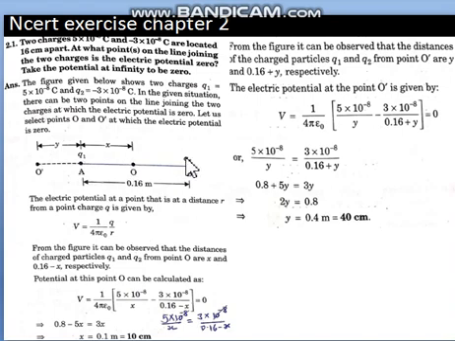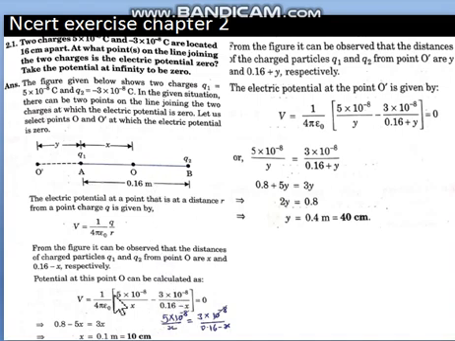Now the voltage formed by the second charge, q2. So k q2 upon this distance, which is 0.16 minus x.